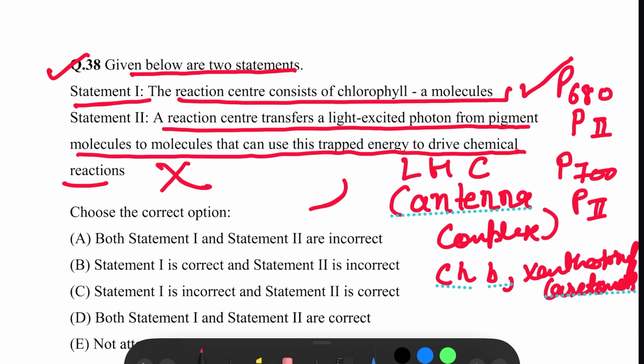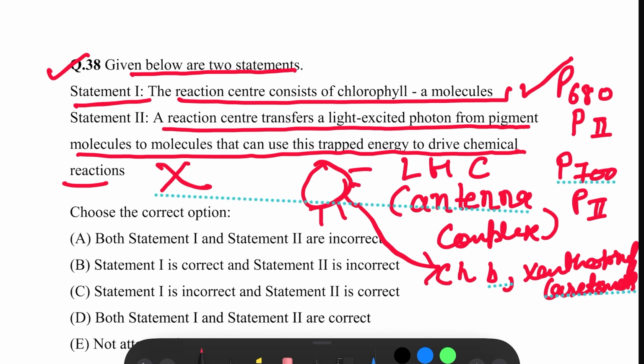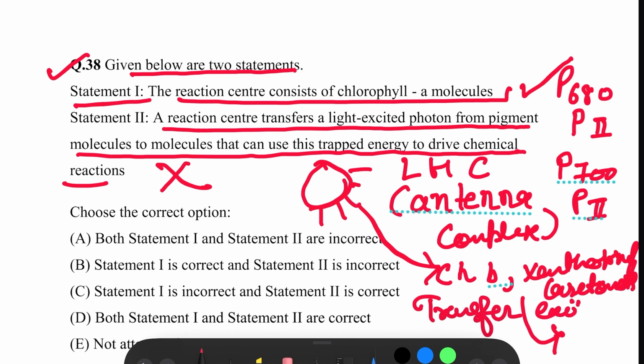So suppose here is the light. These pigments absorb the light photons and transfer excited energy to the reaction center. So the answer will be like this.